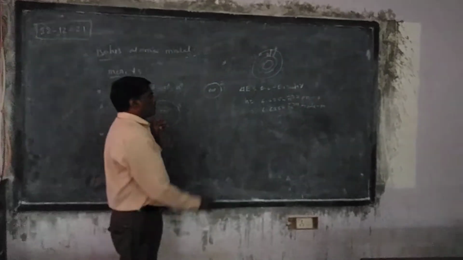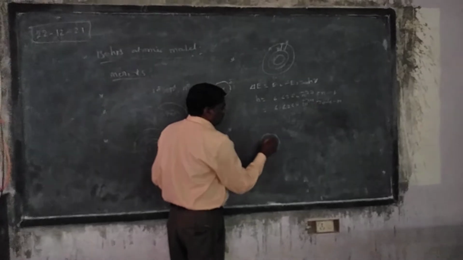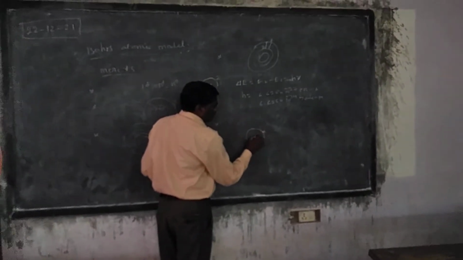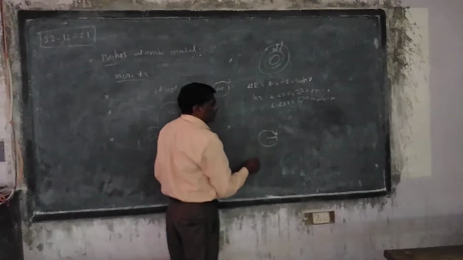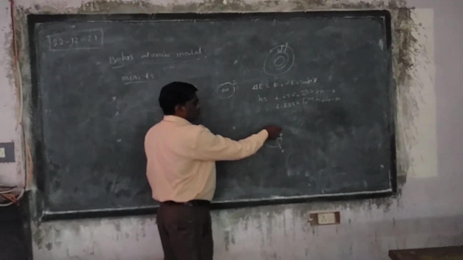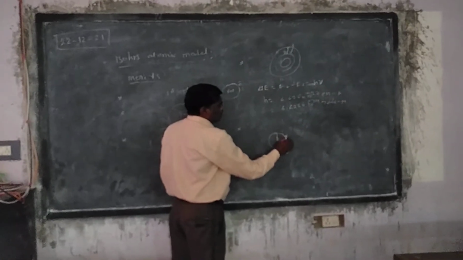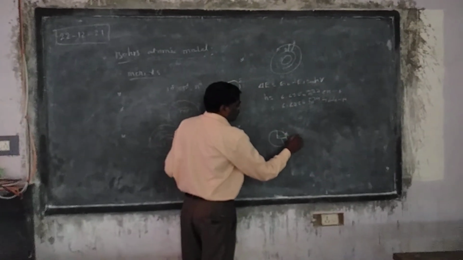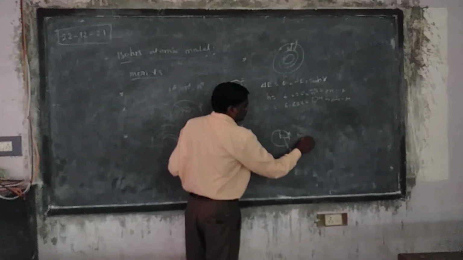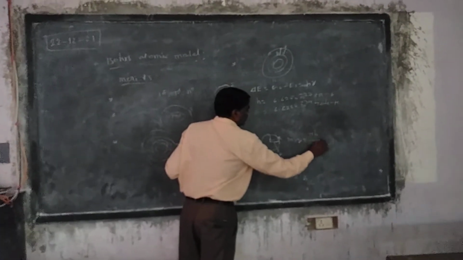Now the last one: electrons revolve around the nucleus, and the distance of the outermost orbit from the nucleus is called the radius, represented by small r. The electrons revolve around the nucleus making an angle, and this is called angular momentum. So angular momentum mvr equals nh by 2 pi.